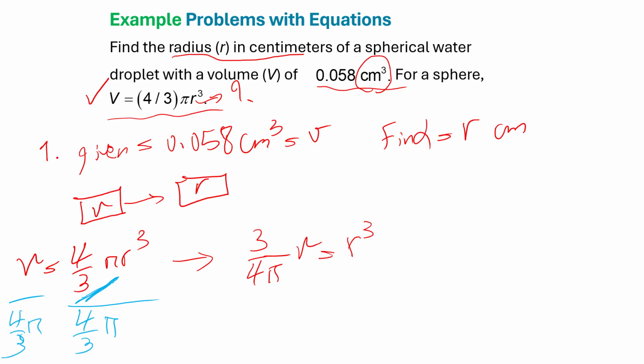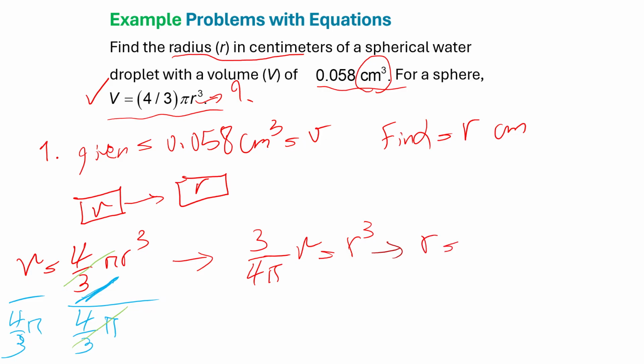And as you obviously know, these two cancel out each other and you have 1. Now we need to rearrange it one more step to go from R cubed to R. So you write it like that.